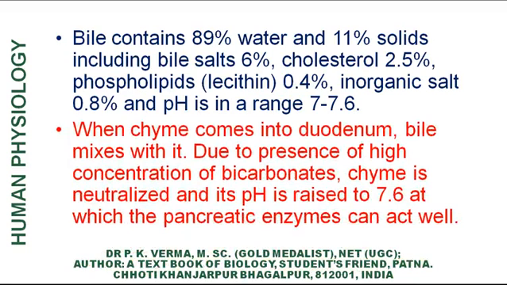When chyme comes into the duodenum, bile mixes with it. Due to the presence of a high concentration of bicarbonates in the bile, chyme is neutralized and its pH is raised to 7.6, at which the pancreatic enzymes can act well.